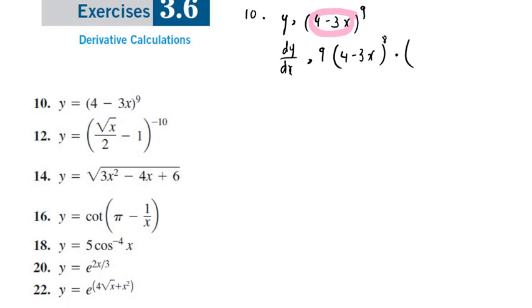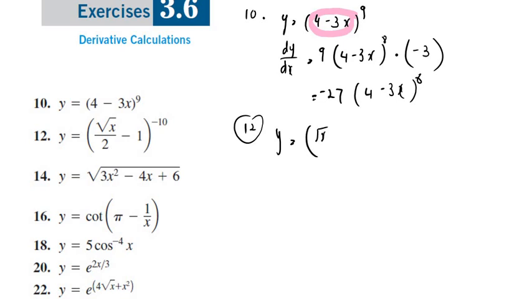So dy over dx is equal to 9 times (4 minus 3x) to the power 8, and then you multiply that by the derivative of the baby function, which is minus 3. 4 minus 3x would give minus 3.